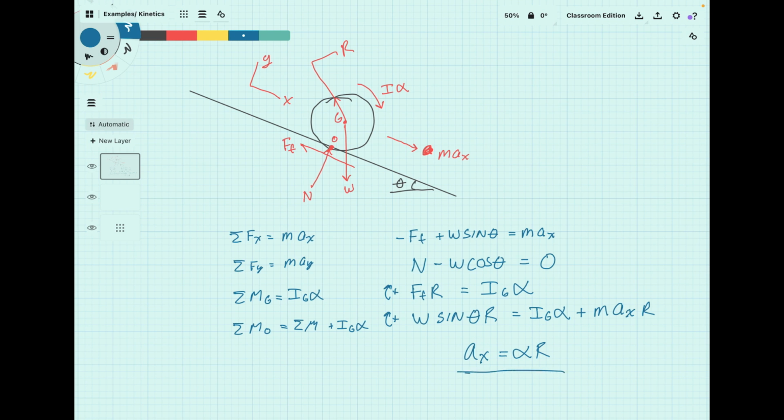That relationship's always going to be true if it's rolling with no slip. So that lets you eliminate either alpha or AX, either one. And since ultimately the most useful thing in the homework problem is AX, you can just eliminate alpha and solve for that. And that lets you proceed with the problem.